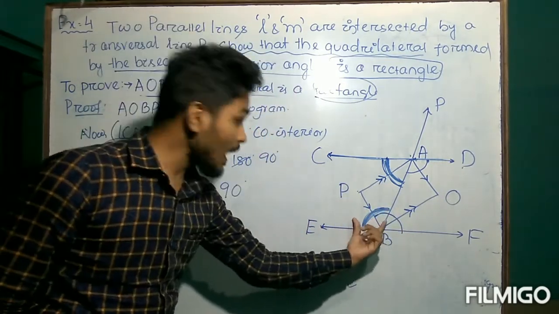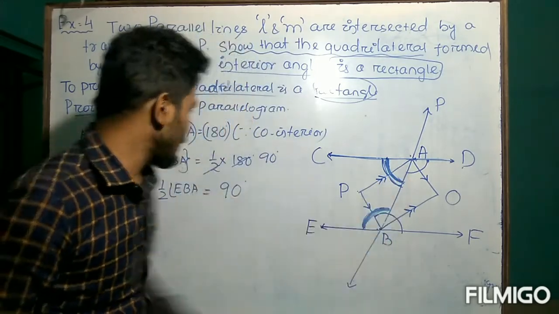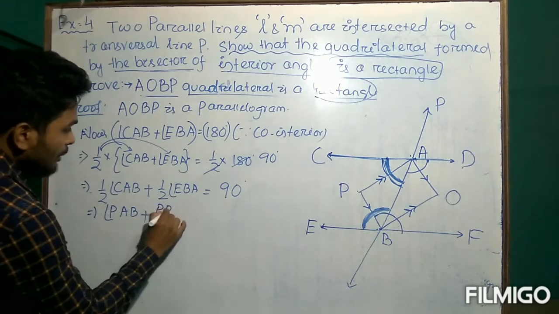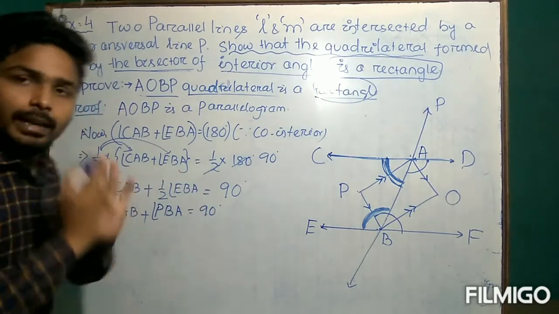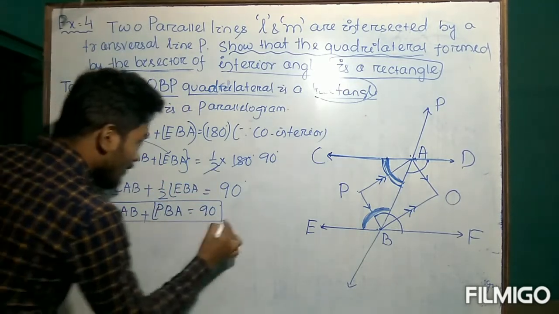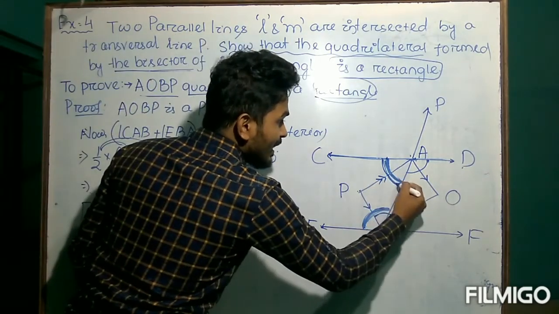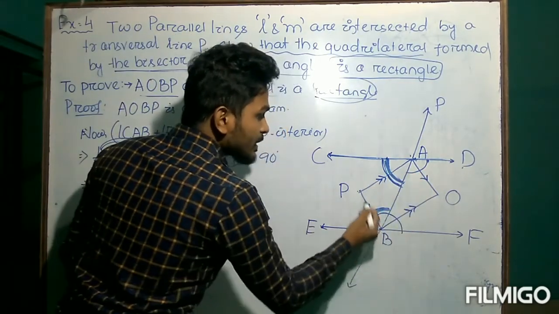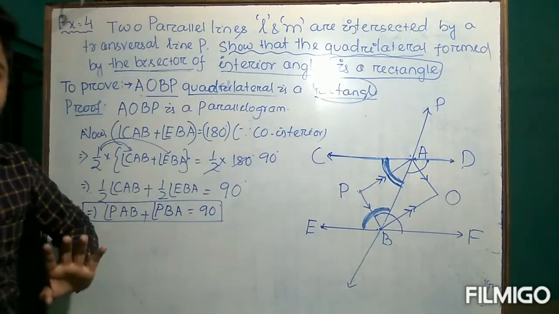So we substitute PBA. PBA is equal to 90 degrees. Done. So finally what we have found? We have found that PAB, this angle, plus PBA, this angle, is equal to 90 degrees.